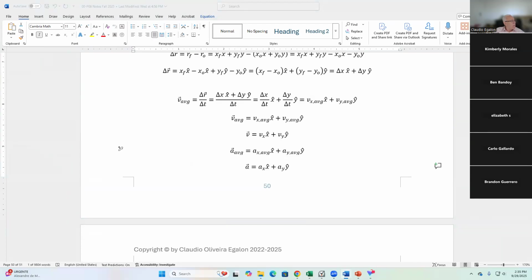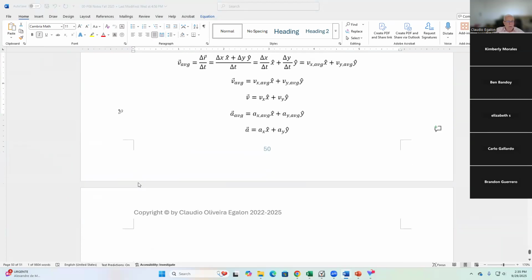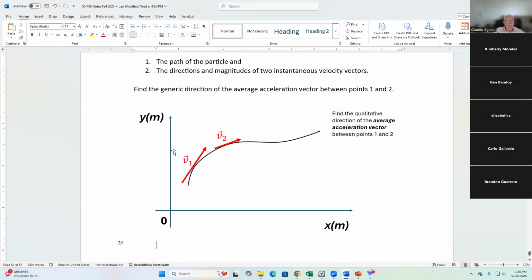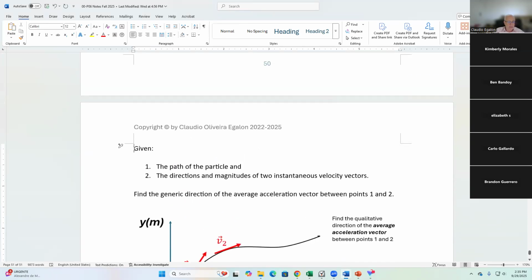And here, just a simple example, a qualitative example. Given the path of the particle and the directions and magnitudes of two instantaneous velocity vectors, find the generic direction of the average acceleration vector between points 1 and 2, right?